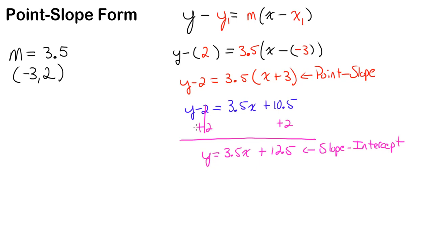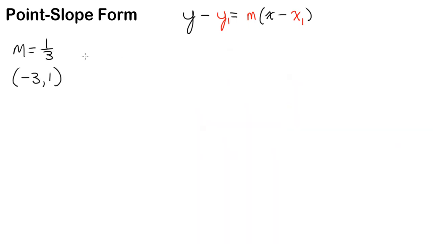So if you need to write an equation in point-slope form, this is it right here in red. And if you need to write your equation in slope-intercept form, this is it right here in pink. Looking at our next example here, we see the slope is 1/3 and the point on the line is negative 3 comma 1. So let's set this up. Y minus y1 equals, leave a gap for the slope, x minus x1.